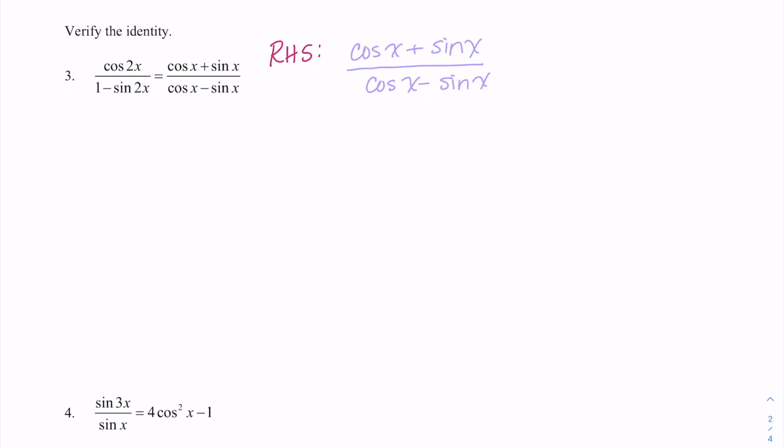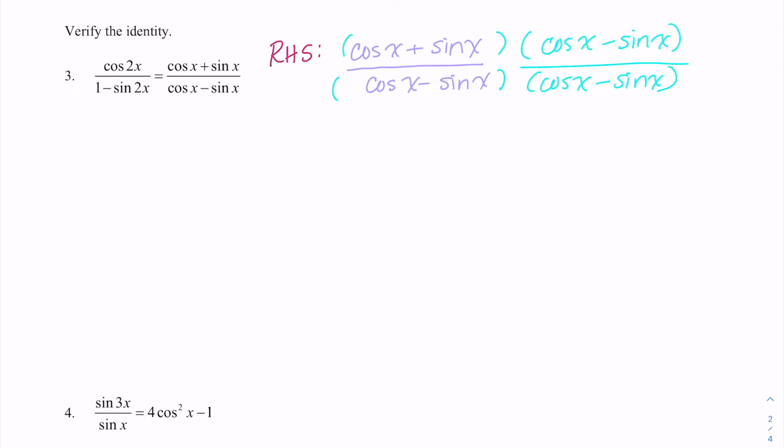Okay, so what we would like is a difference of squares this time in the numerator. So we'll go ahead and multiply the numerator and the denominator by the cosine of x minus the sine of x, all divided by cosine of x minus the sine of x.